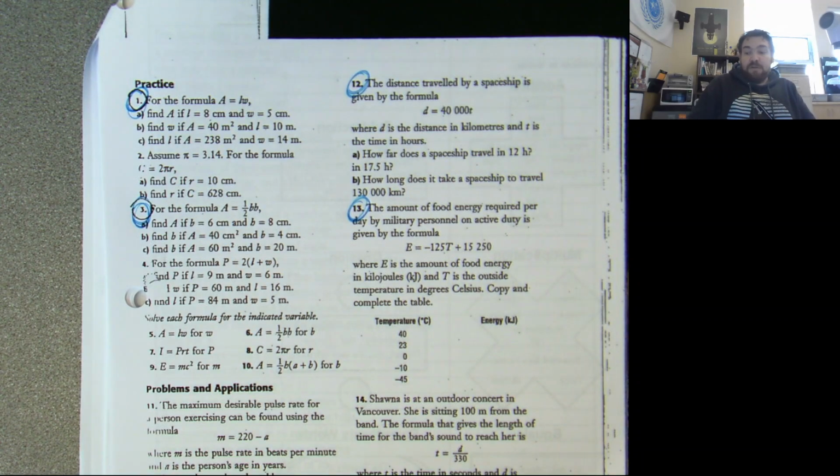Which question? The one that you're working on. Oh, which question did I give you? I think it was this one. Over by the printer.